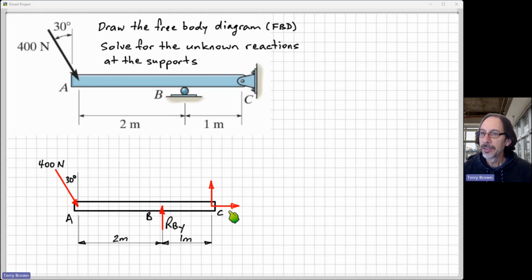Okay, so over here at C, for example, some people might just call this CX and CY. Again, I prefer to call that F subscript CX, or in this case I've written R, capital R subscript CX, just to be completely clear and unambiguous that it's a force that I'm talking about and not a distance or whatever the case may be.